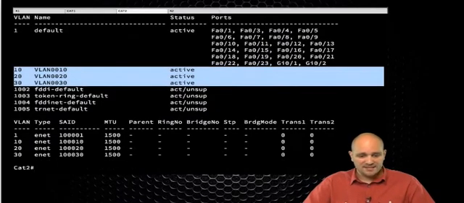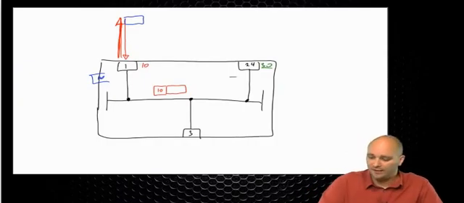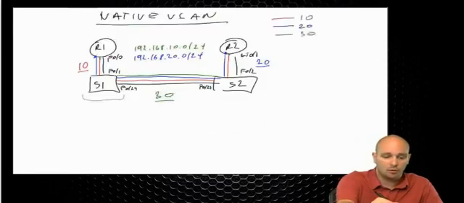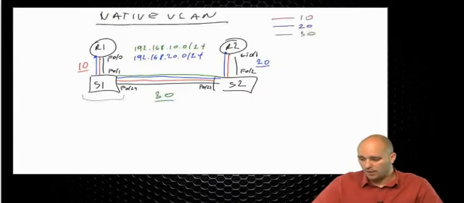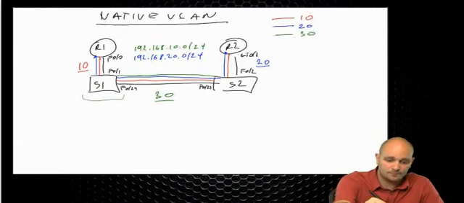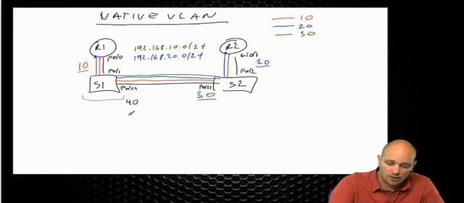So in a sense, what I have created now is that on this side of my connection, the native VLAN is 30, and on this side here, the native VLAN is 40.